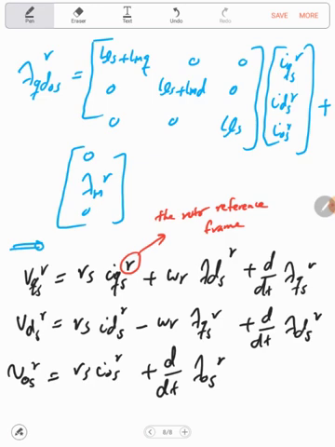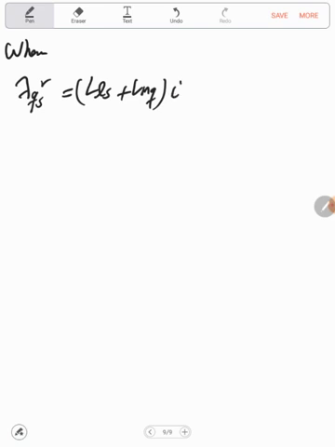Now we can write lambda QS, lambda DS, and lambda 0S also. So the flux linkage, where lambda QSR will equal LS plus MQ times IQSR. So this can be written as LQ IQSR.